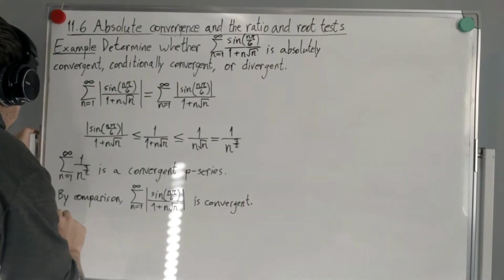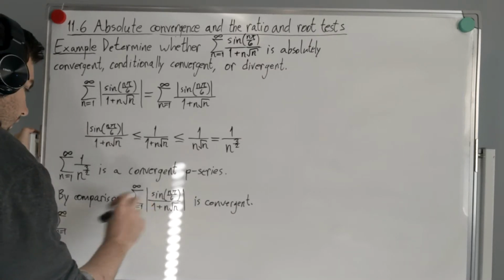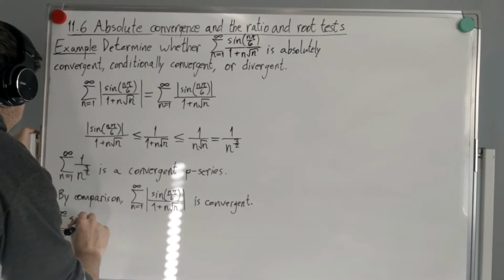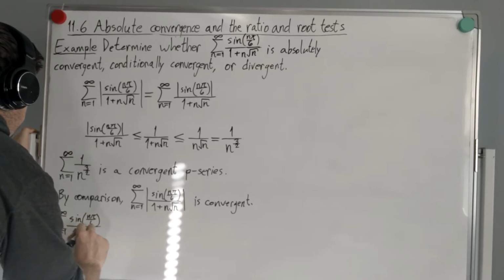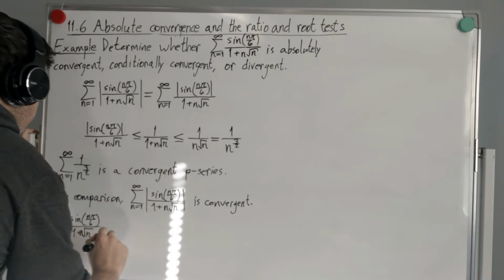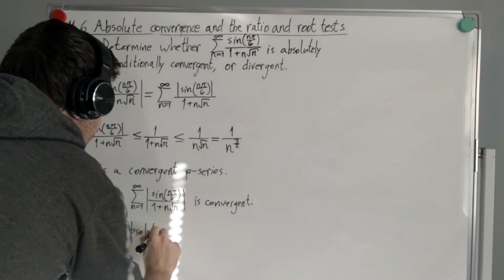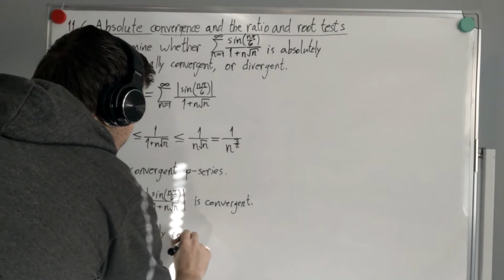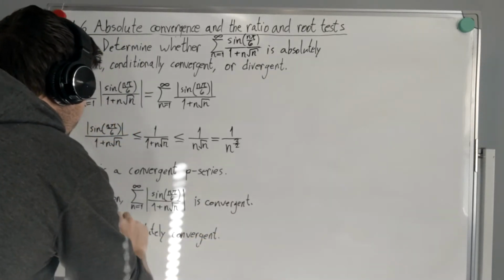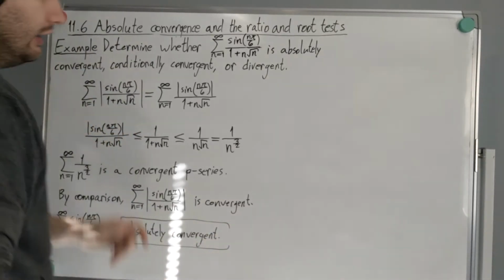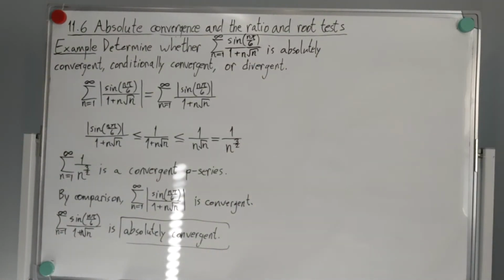So that means the original series, from n equals 1 to infinity of the sine of n pi over 6 divided by 1 plus n root n, is absolutely convergent. And that's at least one way of figuring that out, right?